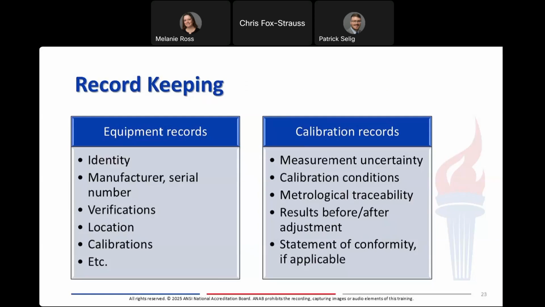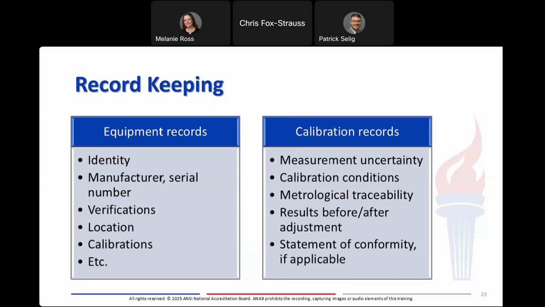Additionally, as I mentioned, record keeping is important for calibrations regardless if they're in-house or outsourced. There are two different types of records that the laboratory must maintain. Within the laboratory, equipment records, including the identity and manufacturer of the equipment, any verifications that were performed, locations, calibrations, etc., must be maintained.